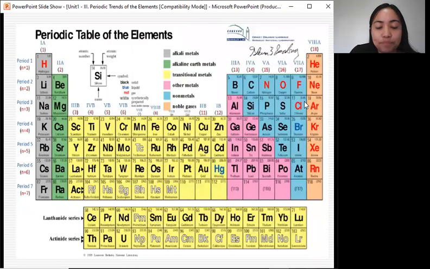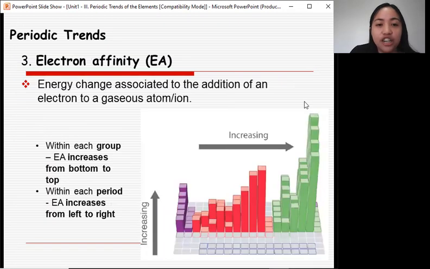Next is the electron affinity. Electron affinity is the energy change associated with the addition of an electron to a gaseous atom or ion. It has the same trend as ionization energy. Electron affinity increases from bottom to top and from left to right.